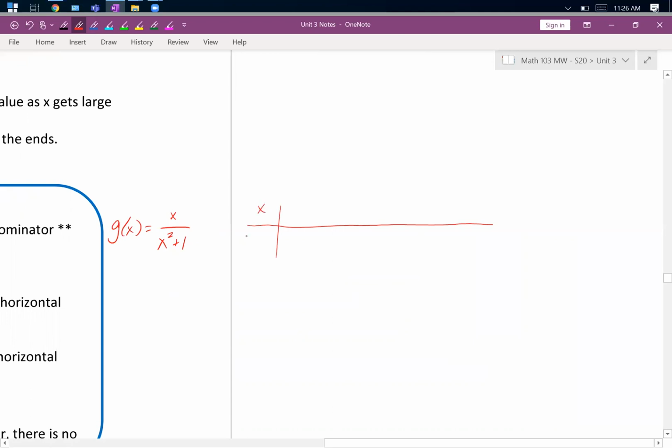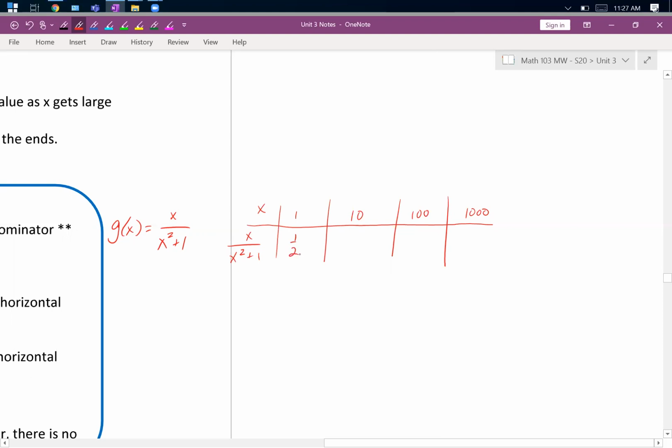We have our x value and then our function x over x squared plus 1. So I'm just going to start plugging in some x values. Okay, so plugging in 1, I'm going to get 1 over 2, so I get a half.